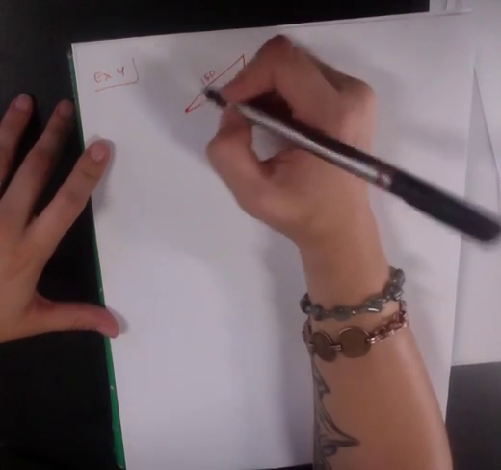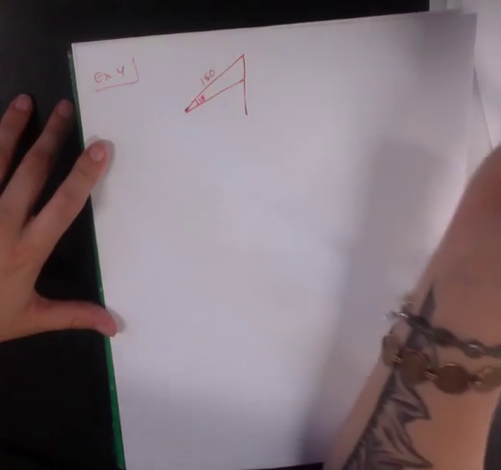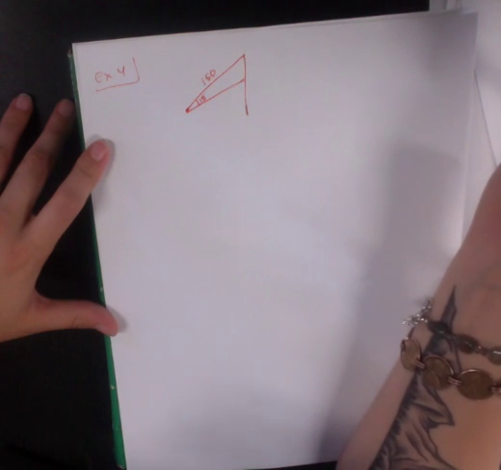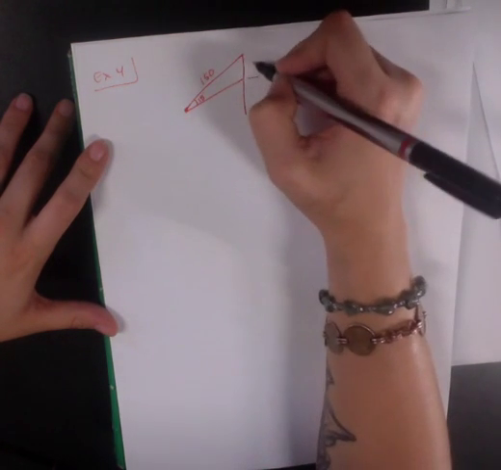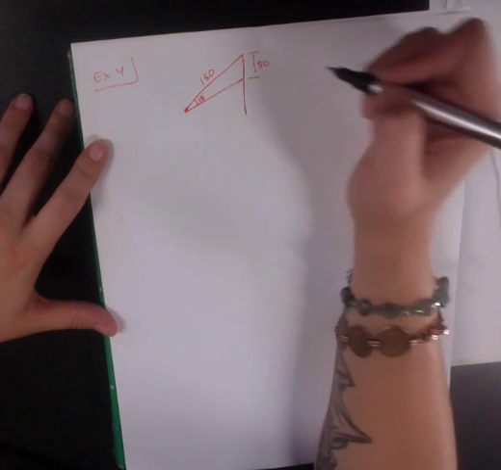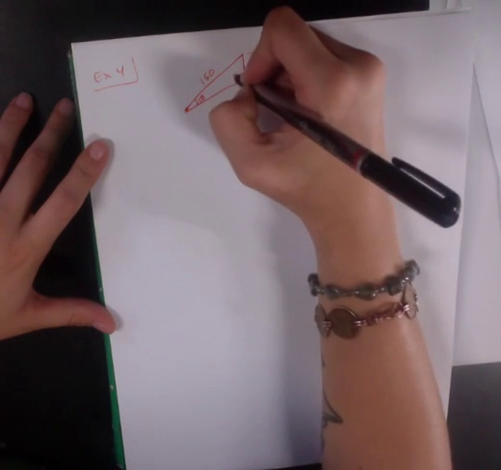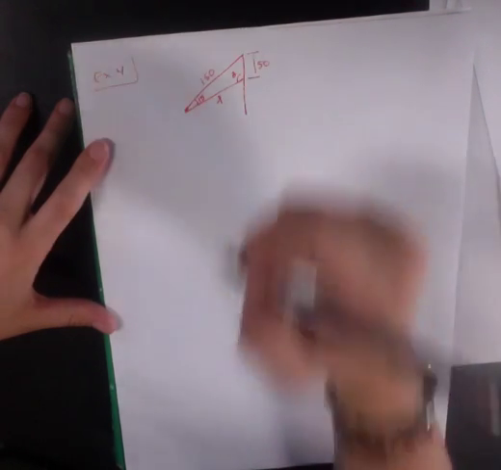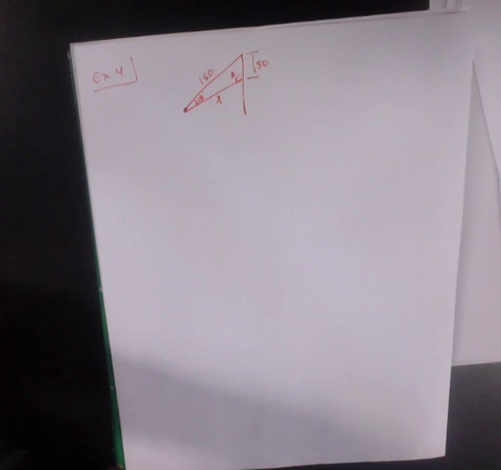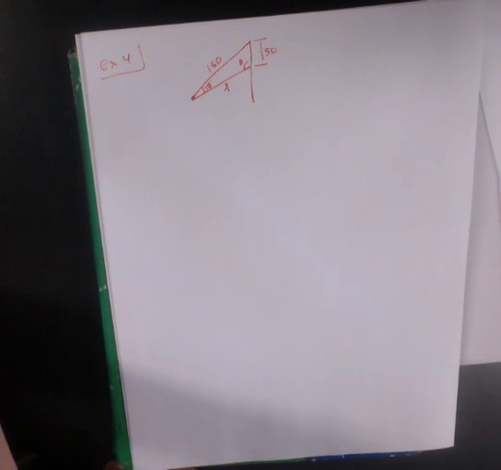The angle between the two cables is 15 degrees. And the shorter cable is attached at a point 50 feet lower than the upper cable. Let's call this angle B, and let's call this L for the length of the shorter cable. We want to find the length of the shorter cable.